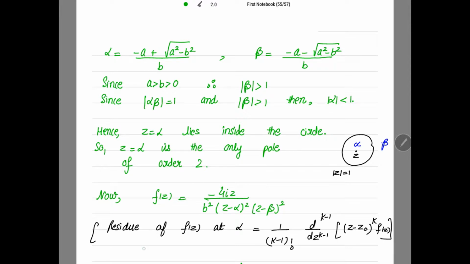That means here k is equal to 2. So we have to take the derivative of this once. We have to differentiate once because k is 2, so this is 2 minus 1, that is 1. One time only you have to differentiate. Just put here the value of k as 2 and solve further.